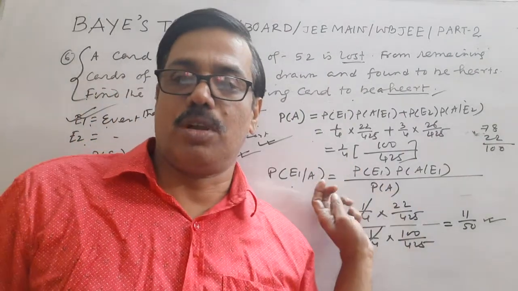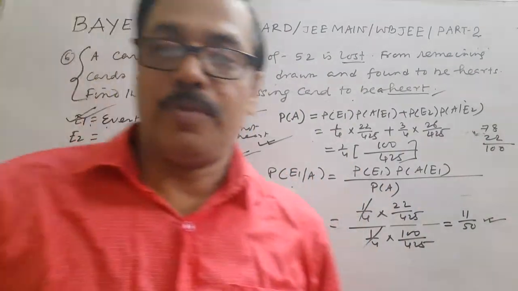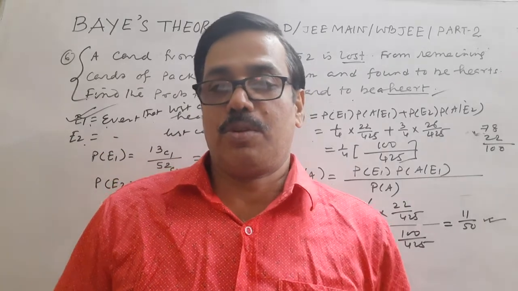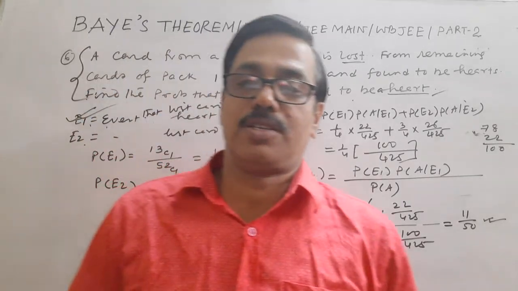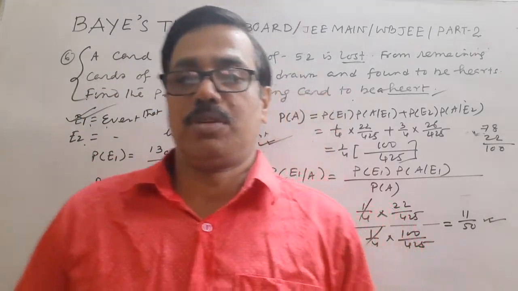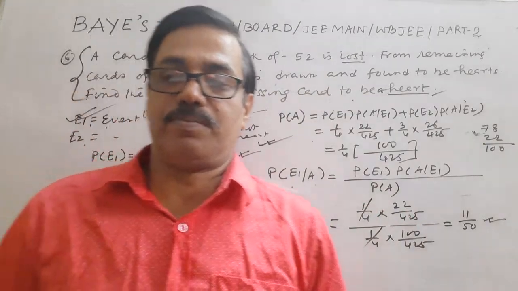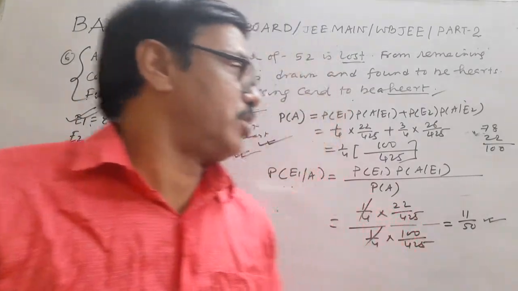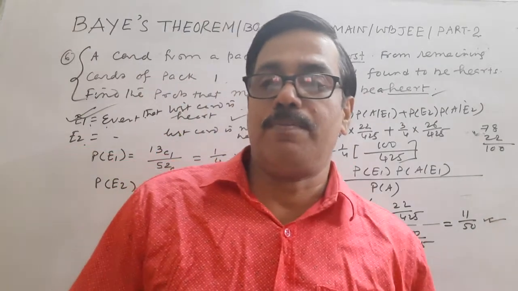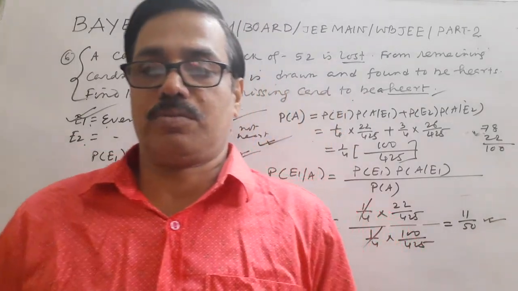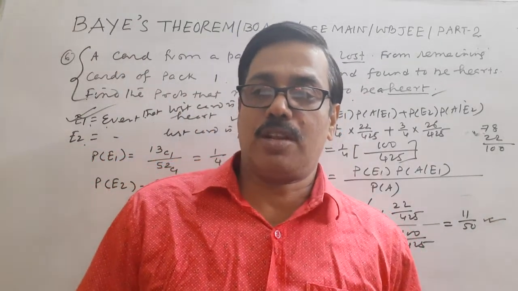So you solve this one. So today through this video we have solved some interesting problems of Bayes' theorem. So you practice this type of problem from your textbook. Thank you for today.